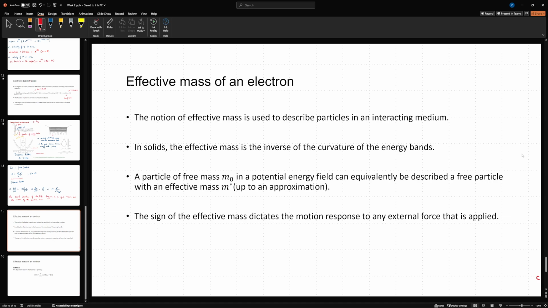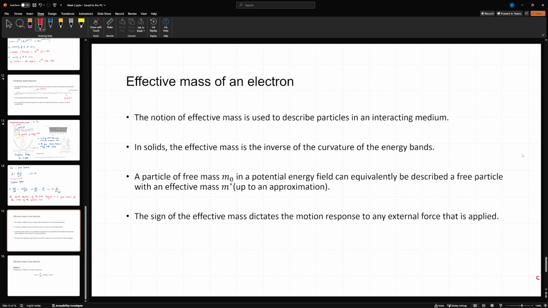Effective mass is used to describe particles in an interacting medium. When an electron is present in a medium where it is interacting with other objects, I can either keep track of all these interactions and do the calculations over and over again, or I can average over all of them and say the electron now behaves as another charged particle with a new effective mass which is free.